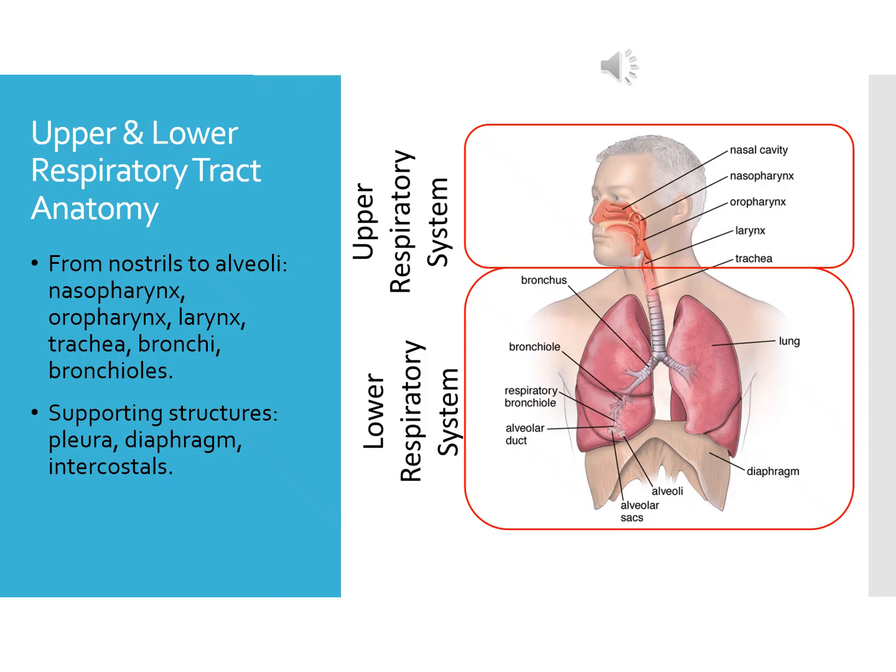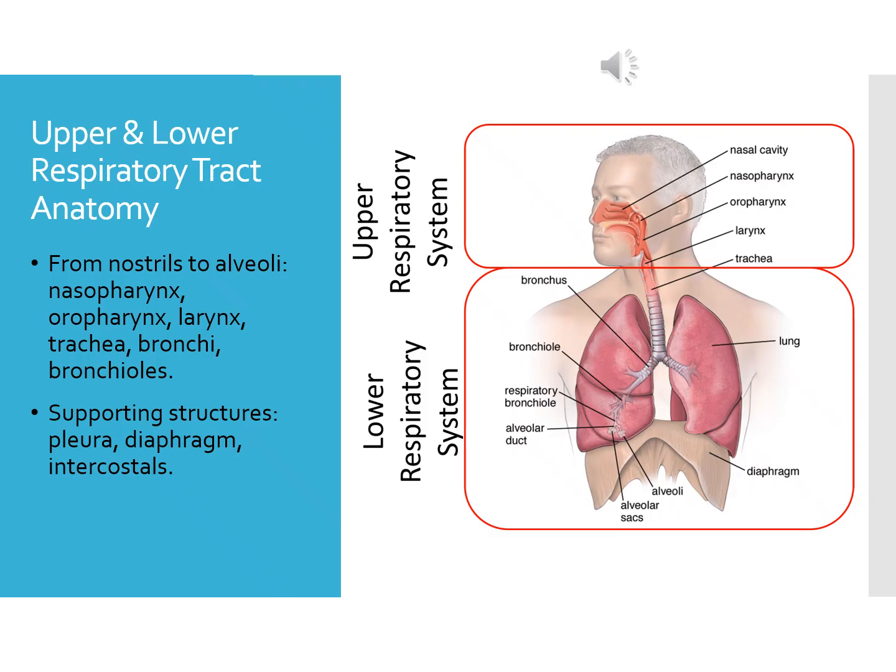So there are a couple different supporting structures to note. There is the diaphragm, that big muscle underneath our lungs. This is what contracts and helps with inhalation, breathing in, and then it relaxes, and that's how exhalation occurs. We do have our pleura, which is a lining of the lungs.